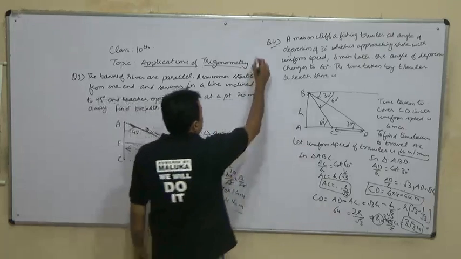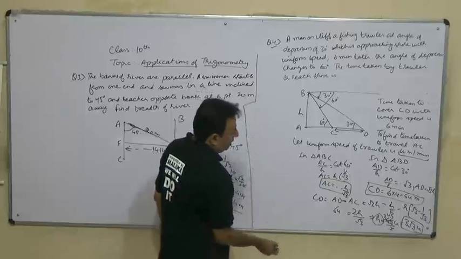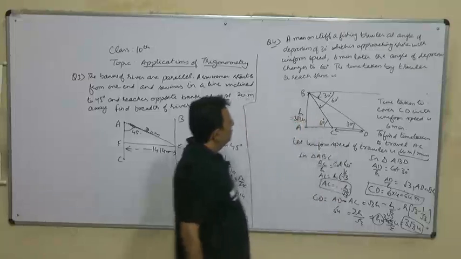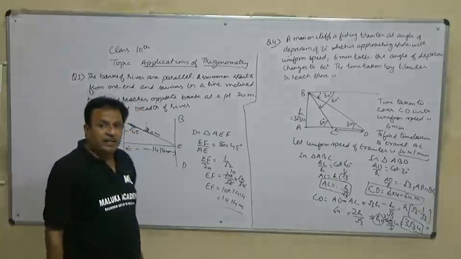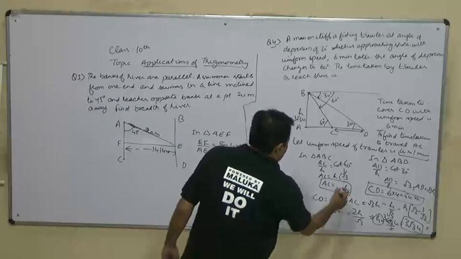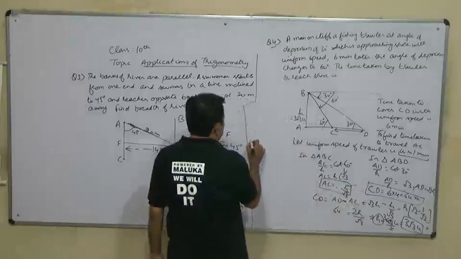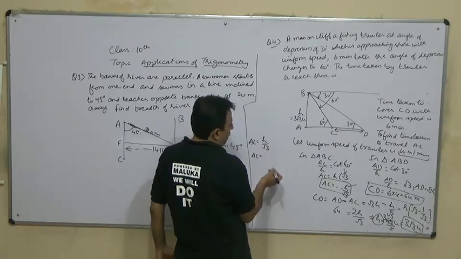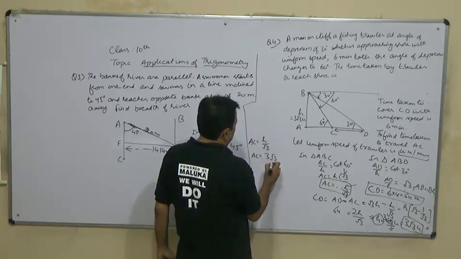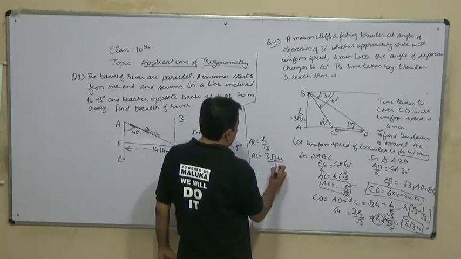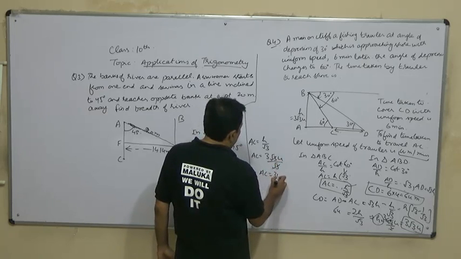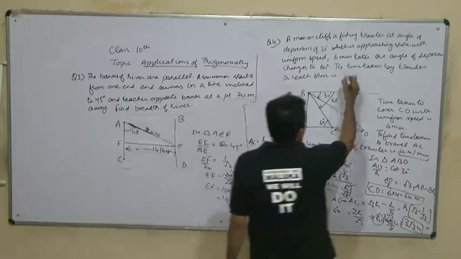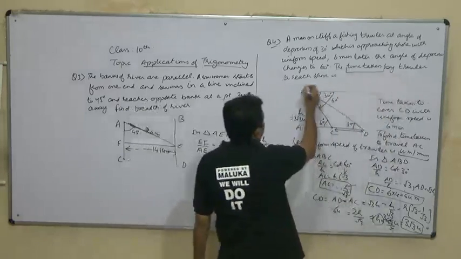Now we have found the value of h in terms of u. We can find the nearer distance using h upon under root 3, which is 3 under root 3 u upon under root 3, and this cancels, so the distance is 3u. Now we want the time taken by the traveler to reach the shore.